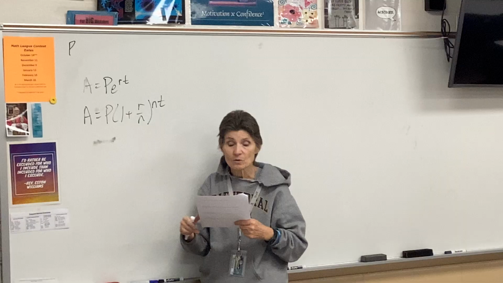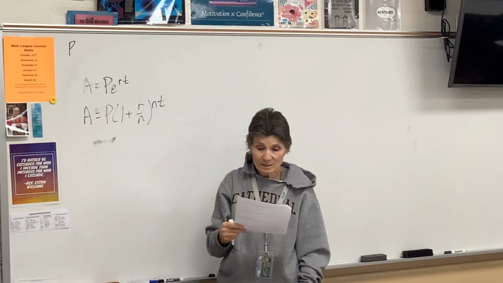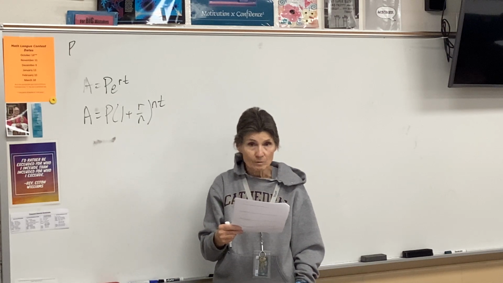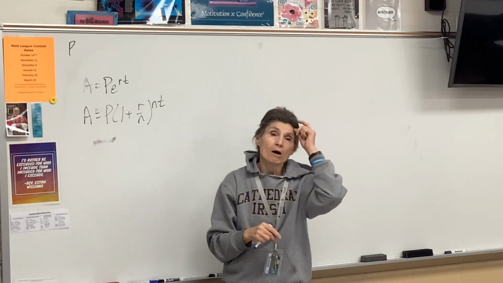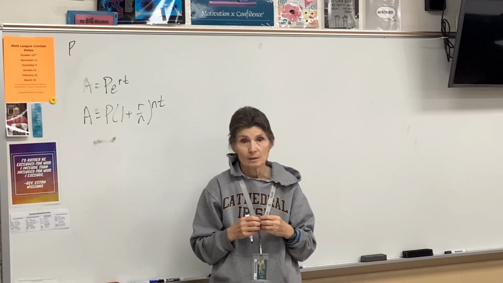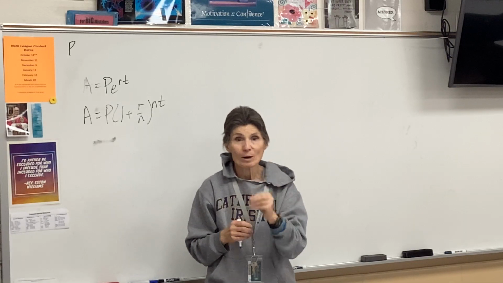All right, so here we go. Carlos, we have to figure out what his monthly payment is for a 4-year loan. Now, if we are paying off a debt, we use PV, present value.